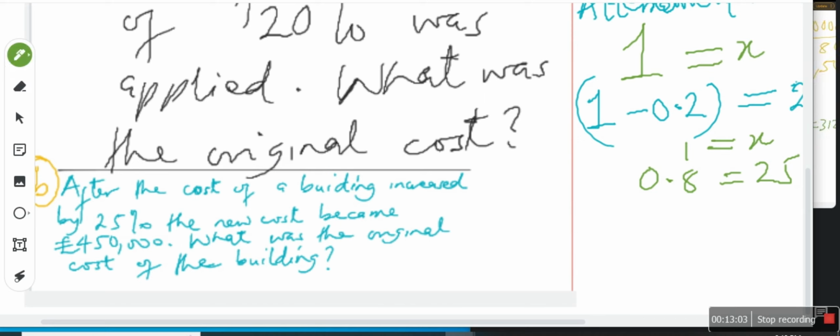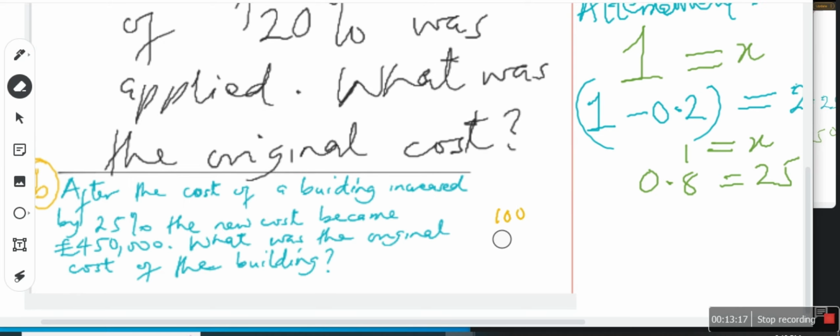100% is X. Remember, it said after the cost of the building increased by, okay, so go ahead. You said the 100% is X. Remember, it increased.